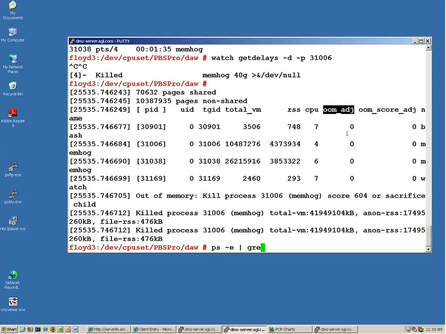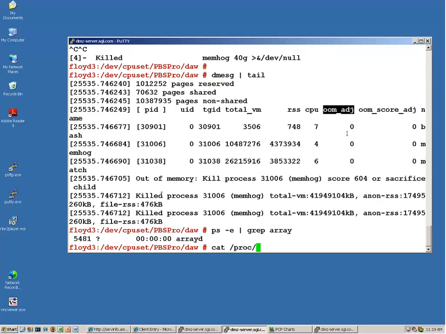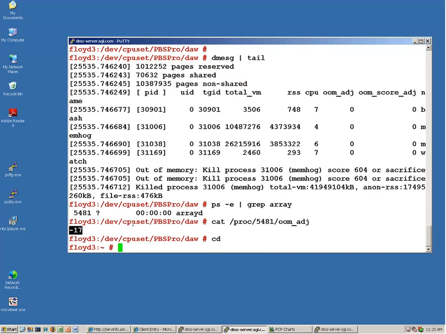The arrayd for MPT actually does that. cat /proc/5481/oom_adj, and it's a -17, which would protect it. You will not kill anything that's a -17. Let's see if that pressure is still going on. cpuset -Q.